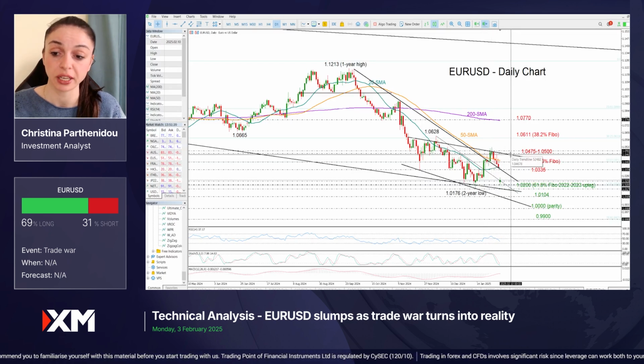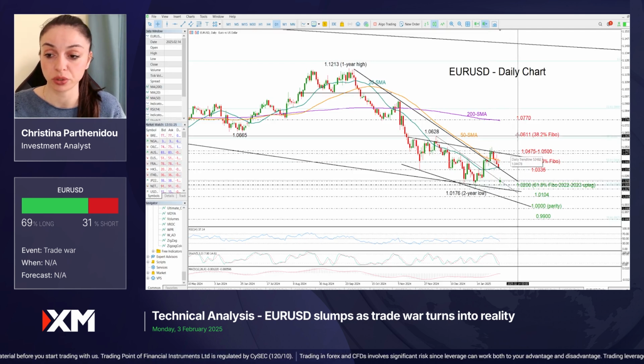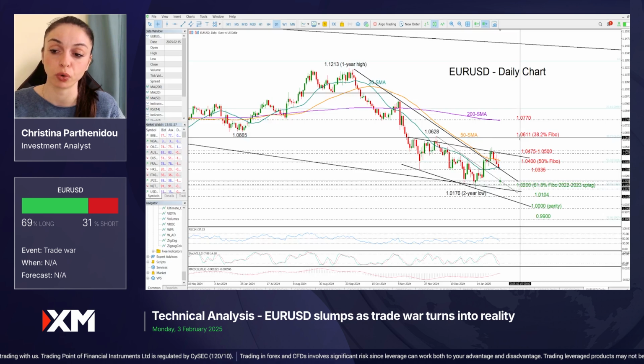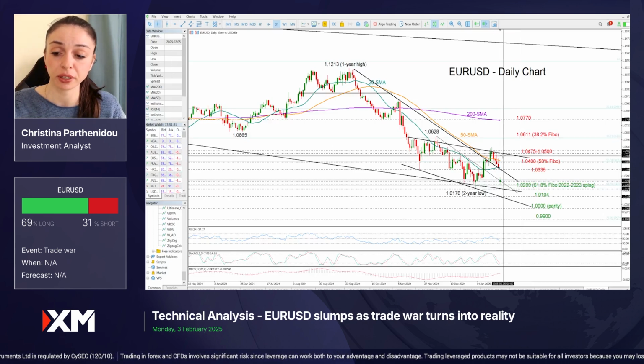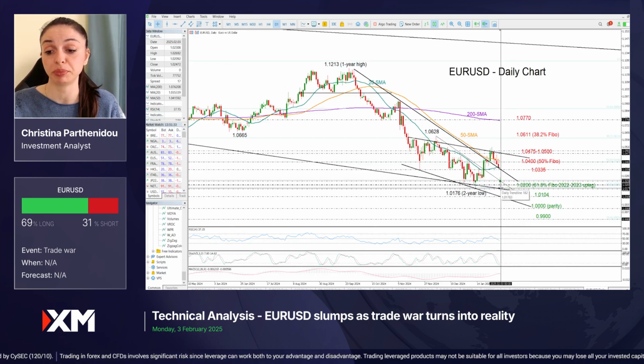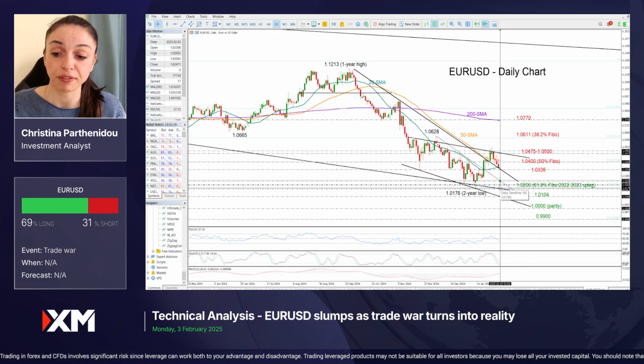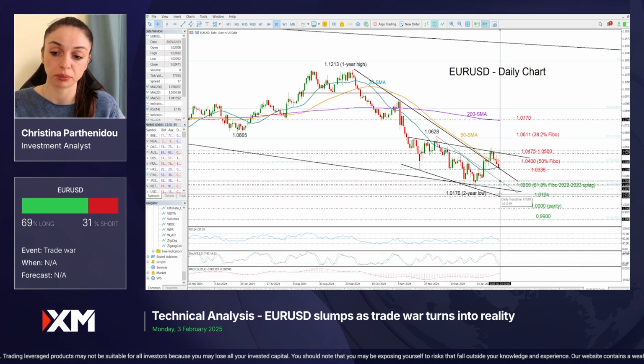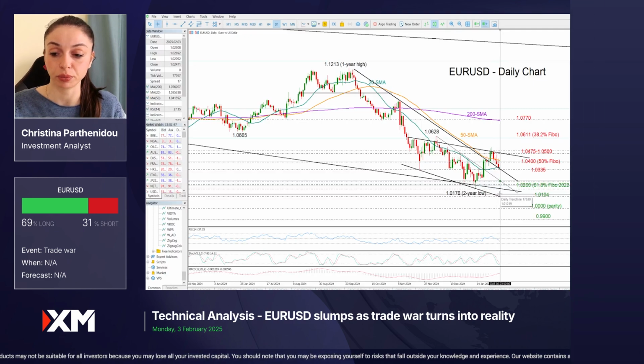If we successfully break this wall, then the price could accelerate towards the 38.2% Fibonacci of 1.0611. Stronger than expected Eurozone CPI inflation data failed to help the price to pivot higher earlier today. Perhaps that suggests that traders are probably concerned about potential import tariffs coming from the US.